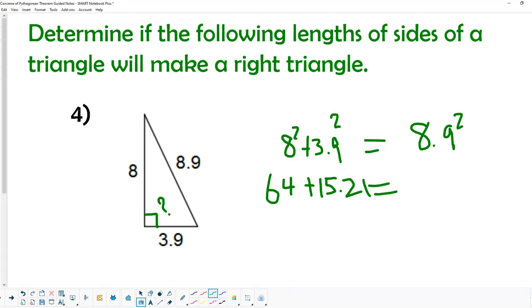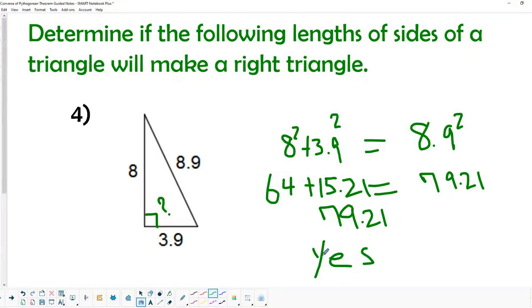And then 8.9 squared is 100. Nope, I think I did that wrong. 8.9 squared is 79.21. Well, when I add the left side together, guess what I get? 79.21. So this is a big yes. This is a right triangle. Nice work.